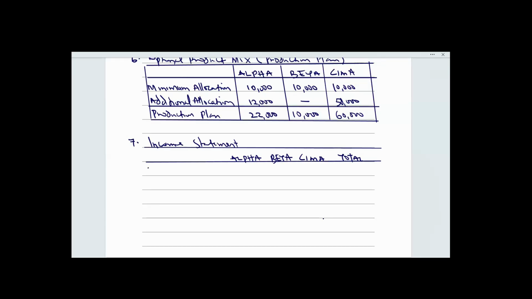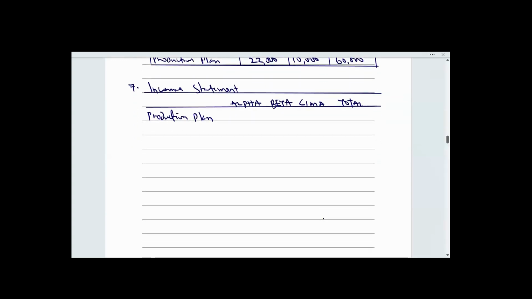Then the production plan, which represents the units that will maximize profits. For Panorama, we are producing 22,000 of Alpha, 10,000 of Beta, then 60,000 of Sigma.